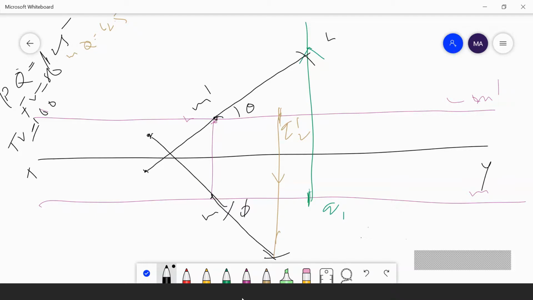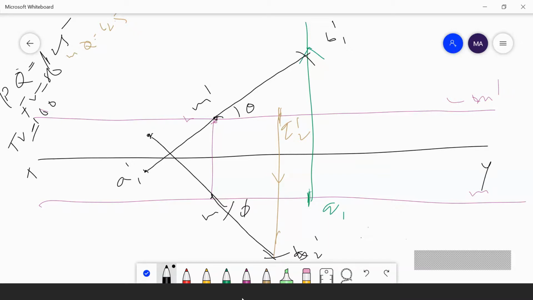Here I will get this point as B1 dash. This point as A1 dash. Okay. This point as B2 dash.